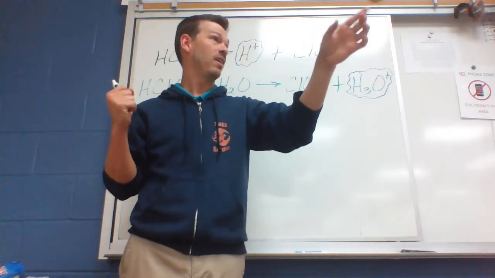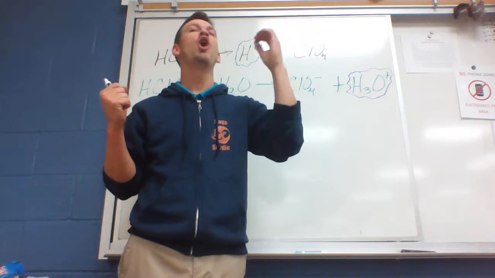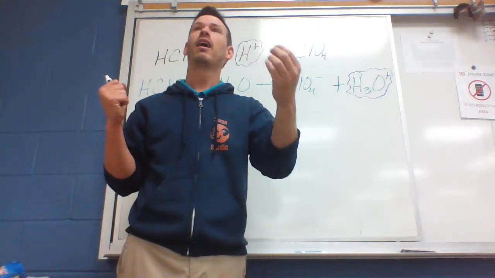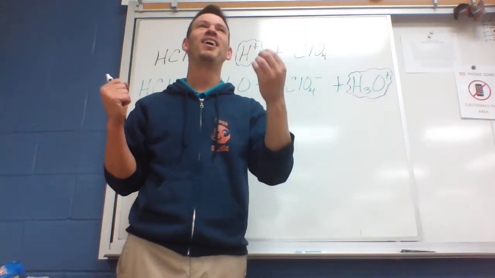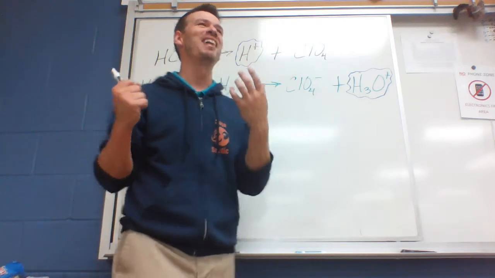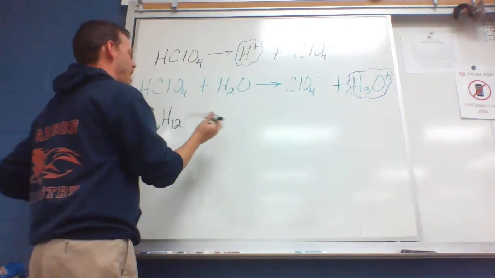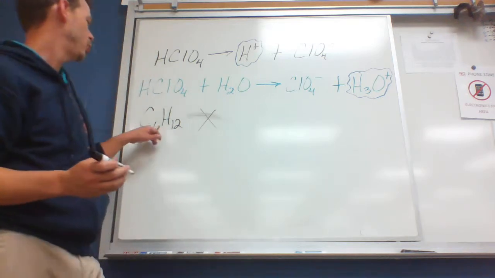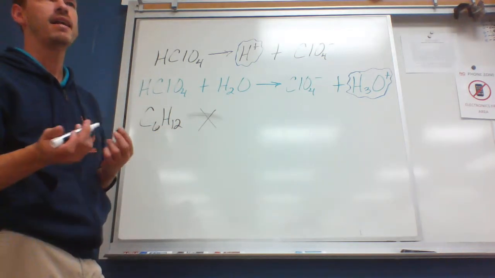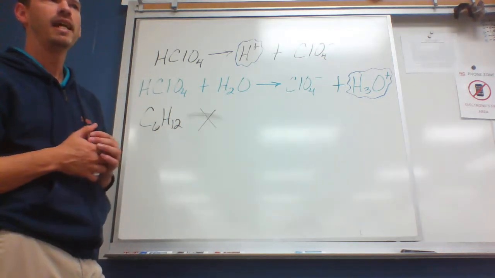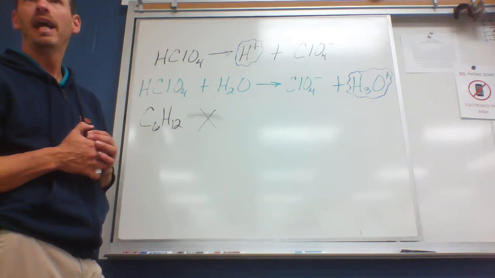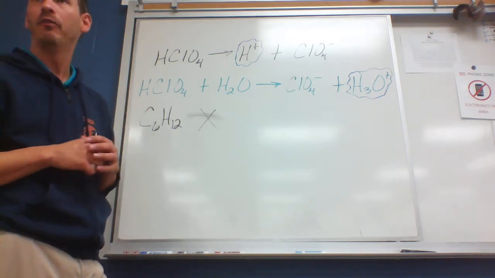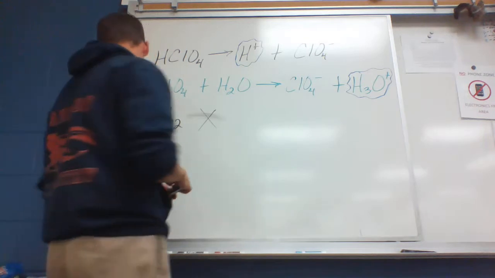A non-electrolyte, all right? Covalent compounds are non-electrolytes. This compound, if put into water, will not dissociate. These two nonmetals bonded together, it's not an acid or a base, it's covalent, it's a molecule, it's a non-electrolyte. Therefore, there is no dissociation.